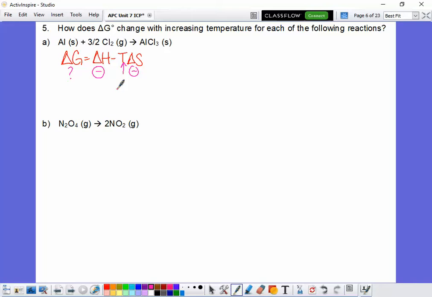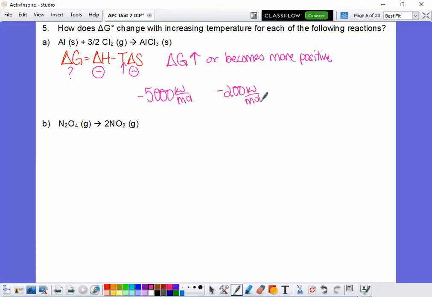So, if we increase temperature, what happens to delta G? It increases or becomes more positive. The reason I'm saying becomes more positive is because a lot of people think, for example, if I say negative 5,000 kilojoules per mole compared to negative 200 kilojoules per mole, which one's bigger?